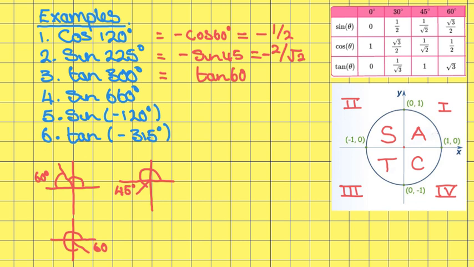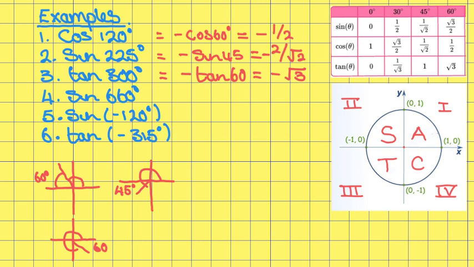Well, if we look at our diagram, in quadrant 4, the only one that is positive is cosine, so it must be negative. Now looking at our table, we want tan and we want 60 degrees, so it is root 3. So the answer is minus root 3.